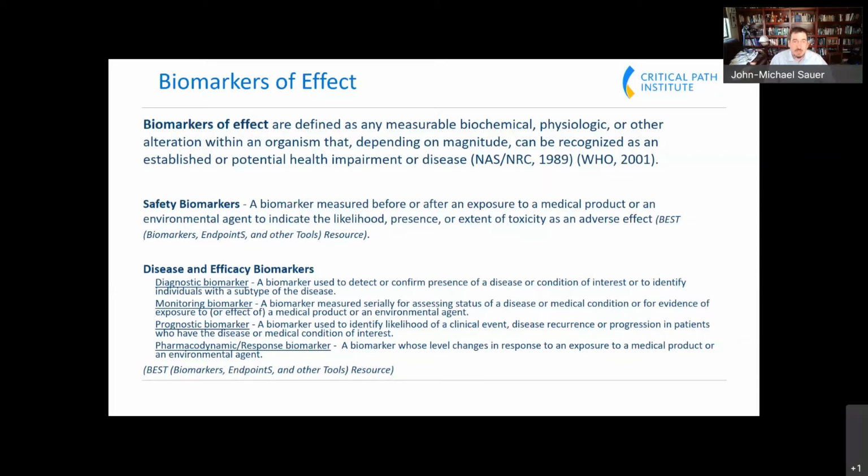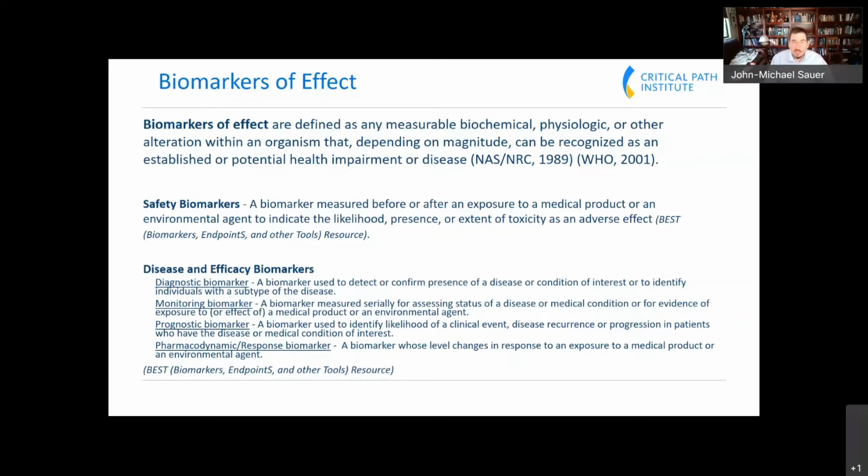And so, as many of you know, the Predictive Safety Testing Consortia is very much interested in safety biomarkers. And these are biomarkers that basically will tell us whether or not a toxicity or an adverse effect is happening or going to happen with drug exposure. However, we have a whole litany of disease or efficacy biomarkers that are also subcategorized, right? Diagnostic, monitoring biomarkers, prognostic biomarkers, pharmacodynamic and response biomarkers.